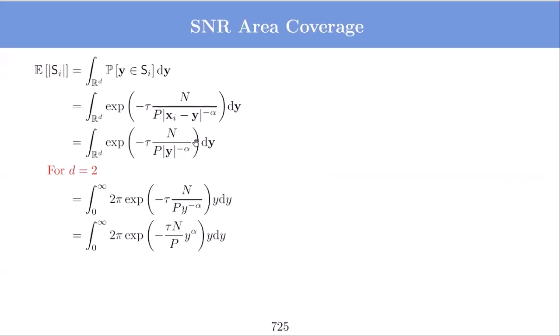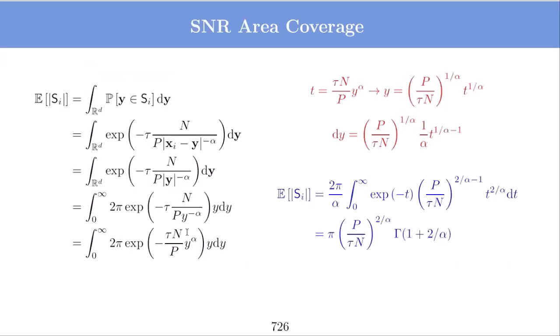Okay, so for dimension d equal to 2, I can use polar coordinates to get this expression. So dy becomes 2 pi y dy, and then you have this. Then you can substitute t equal to tau and p pi alpha, and when you substitute, you get this particular expression, right?